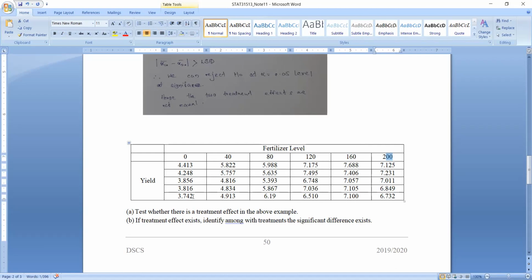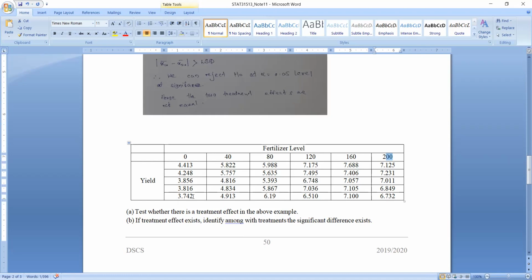So we want to check, when you change the fertilizer level, whether there is any difference in the yield. Since the fertilizer level is your treatment, first you construct the Anova table, and you have to check whether these treatments are all equal.